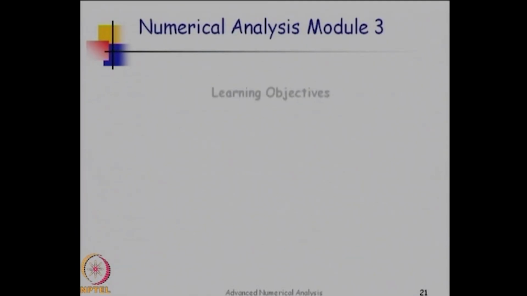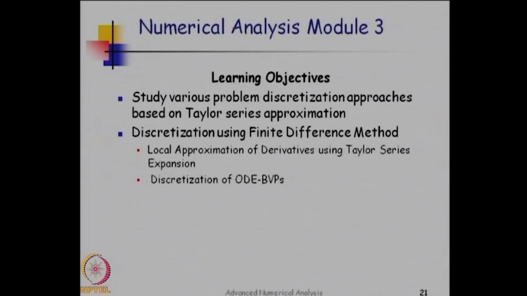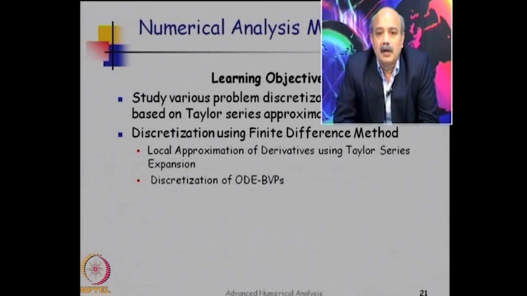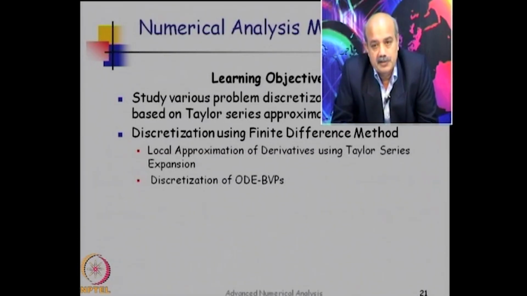So which is the most commonly used polynomial approximation? As I said, the most commonly used polynomial approximation is Taylor series approximation. This is used in a variety of numerical tools, for example, for developing the method called the method of finite difference.